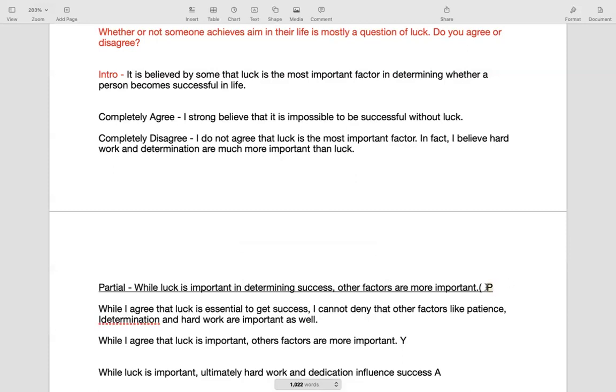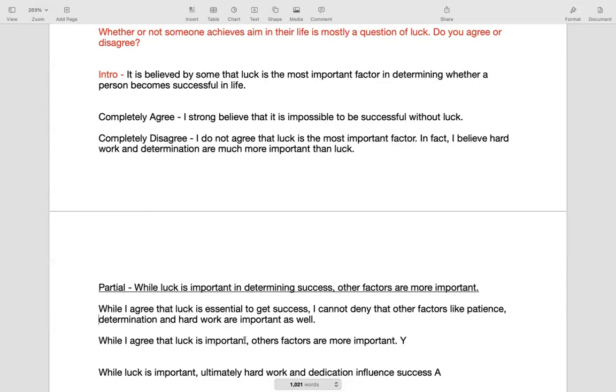Okay. What's the problem with the second one? Again, the same thing. What is most important? It can't be told, looking at the sentence, what's more important. Can luck be the most important? I think other factors are more important.